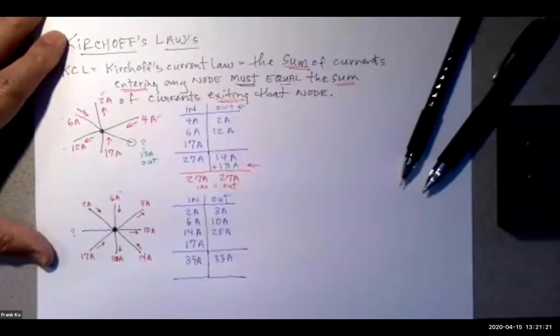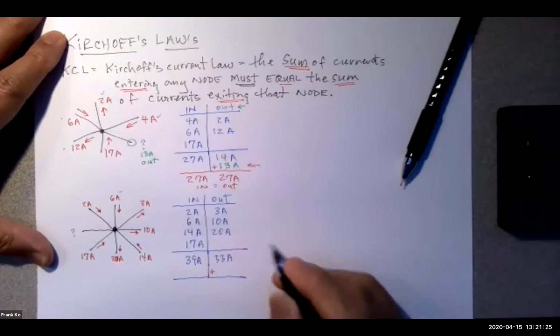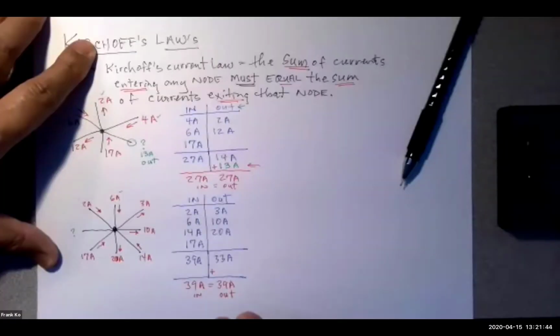That means something must be added to this column in order for us to get to 39 amps out to match the 39 amps in. They have to equal each other according to Kirchhoff's law. Yeah, all inbound currents have to match up with the outbound currents.